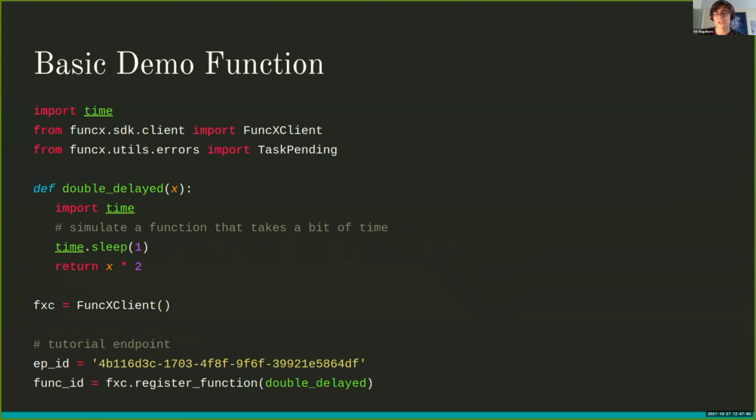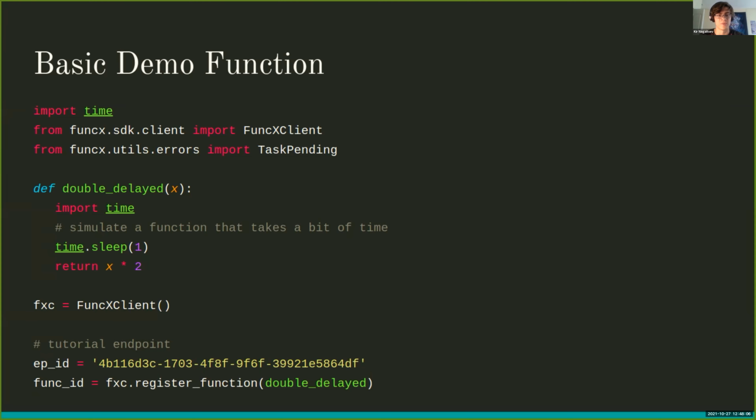So to see the motivation for introducing new executor and async interfaces to funcX, let's look briefly at the current funcX result fetching model. We'll start by defining a basic demo function that I'll use throughout the presentation, double delayed. This function just sleeps for 1 second and then returns the double of its input.